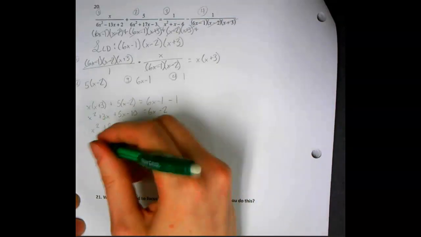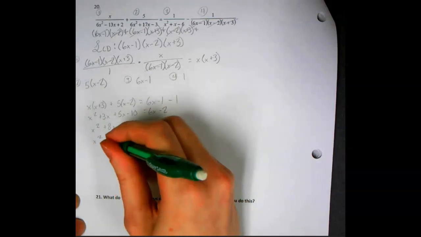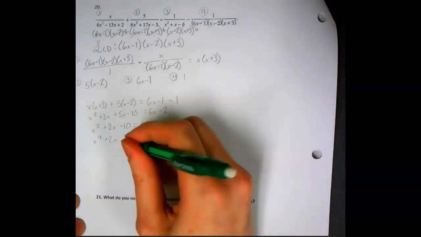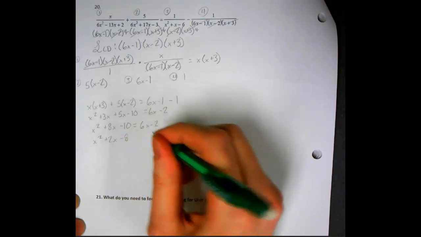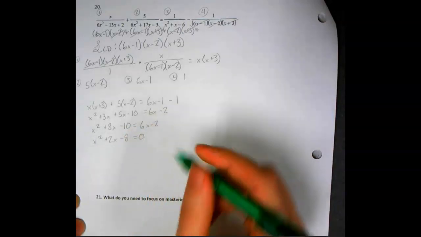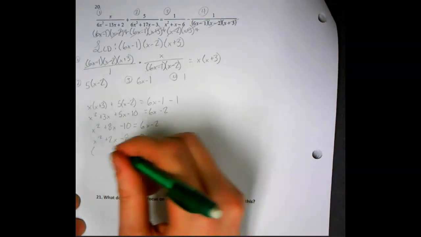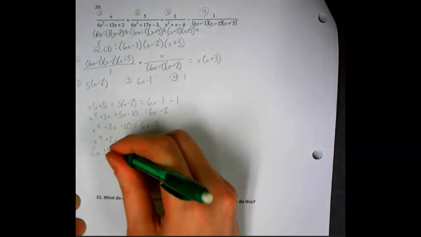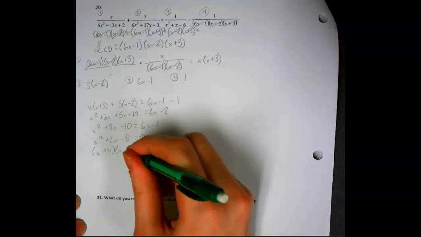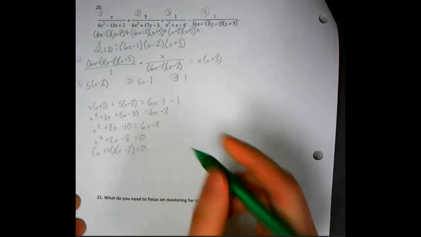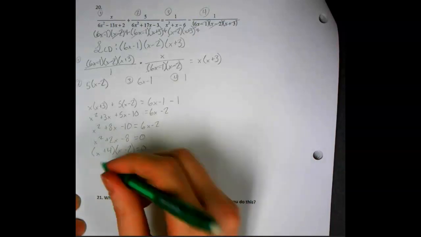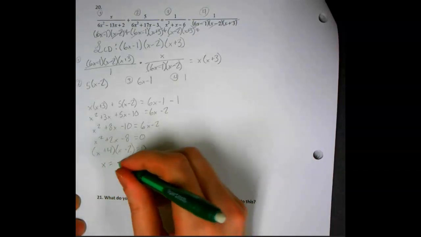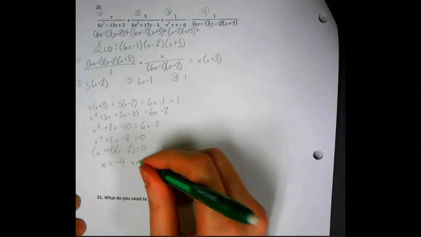Bring everything to one side and set equal to 0. Now we can factor this. We'll have (x plus 4)(x minus 2), and we're going to say x equals -4 or +2.